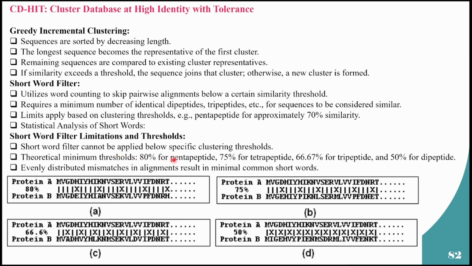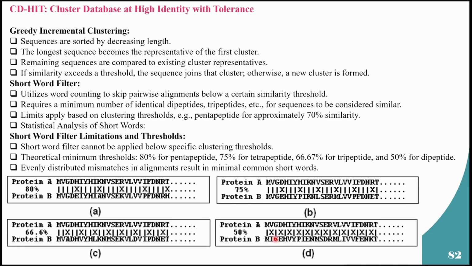There is a threshold and a limitation for the short word filter, because it can happen that sometimes, let's say in this example, protein A versus protein B. If you have 50% matching between protein A and protein B, and if you do a two-word filter, in the worst case scenario your matches and mismatches are uniformly distributed.